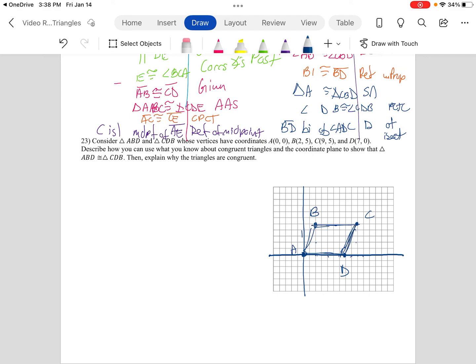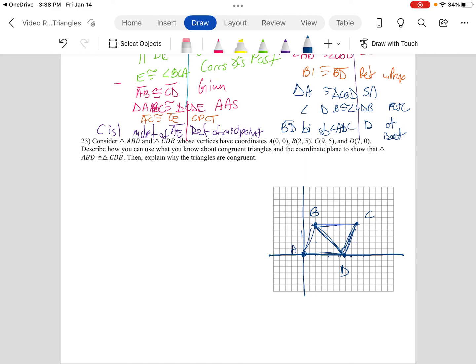So we have two triangles here. And we're saying ABD, so we're going to draw this diagonal here. So now we have triangle ABD and BCD. And you need to explain why the triangles are congruent.